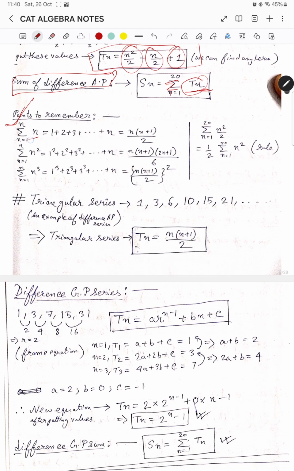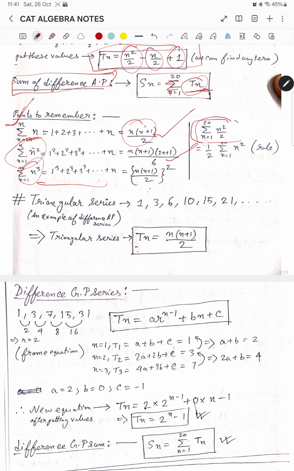The sum of the first n natural numbers is n into n plus 1 by 2. The sum of the first n natural square numbers is n into n plus 1 into 2n plus 1 by 6. The sum of n cube numbers is n into n plus 1 by 2 whole square. So in this case you need sigma of n square by 2 minus sigma of n by 2 plus 1.